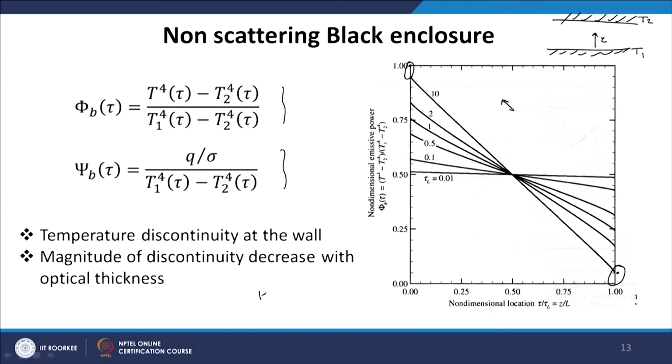In fact, if kappa tends to infinity, that is the extreme case of very large optical depth, then the two will be basically the same, and the intensity or the heat flux Q will tend to sigma T⁴. There will be very little difference in the temperature in that case, and the flux leaving the enclosure will be equal to the black body emissive power for the extreme case of optical thickness.